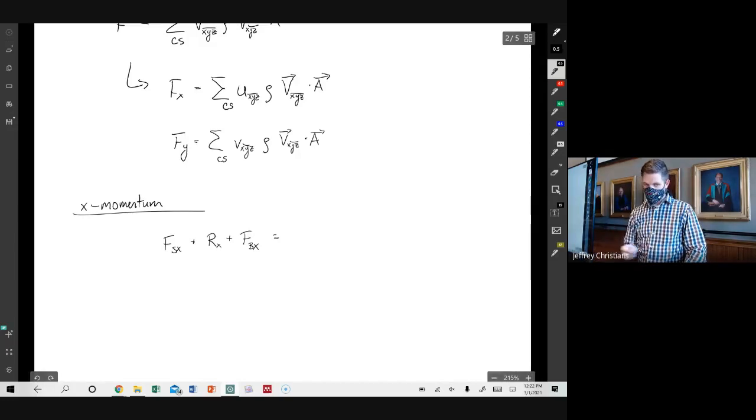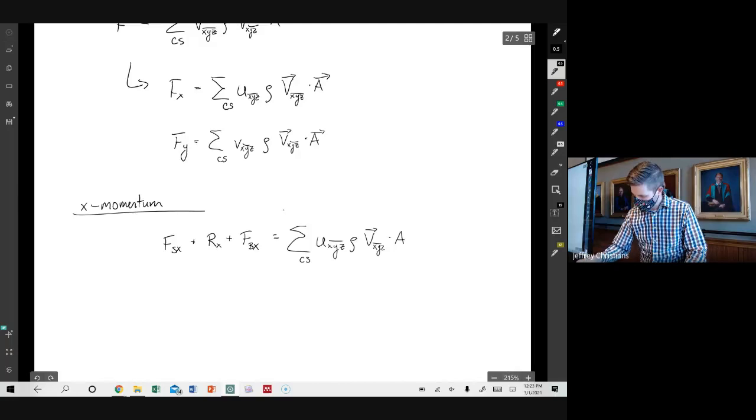All of the different types of forces which we might have equals our control surfaces of, dot A.